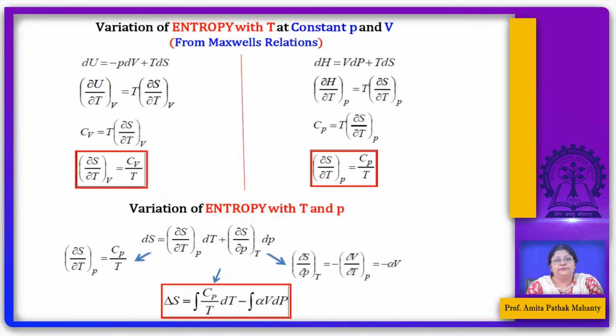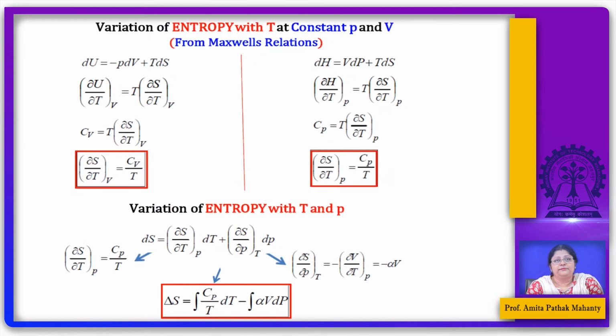So I'm just trying to tell you, whenever I want to talk about the temperature variation, we have talked about the variation of U and H with various thermodynamic variables. Similarly, we have done it for volume also. We have done it for pressure also, how volume is changing with pressure at constant temperature.